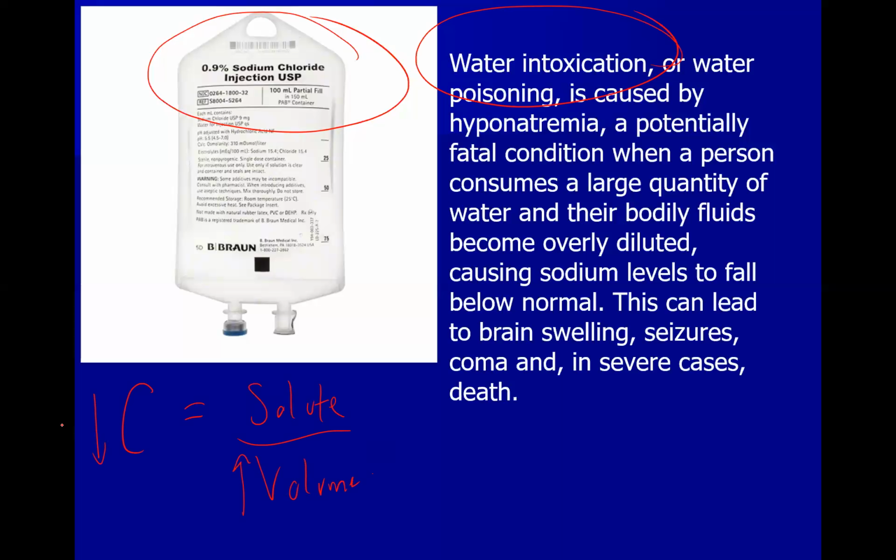Now, why is that a problem? Well, let's imagine that you have brain cells, okay? Imagine that this is a blood vessel that is providing nutrients to those brain cells.